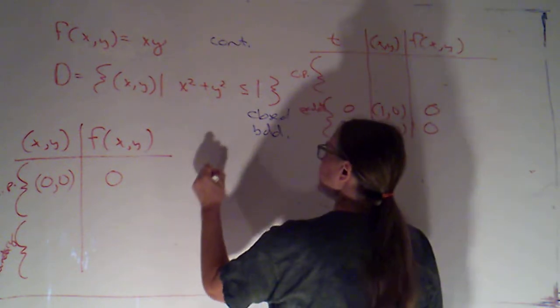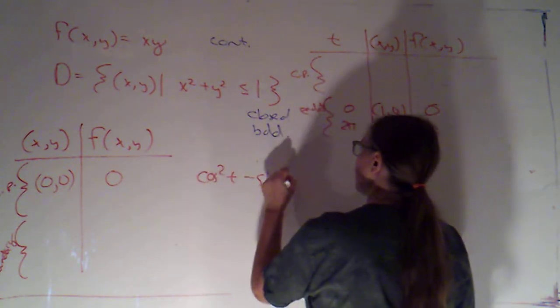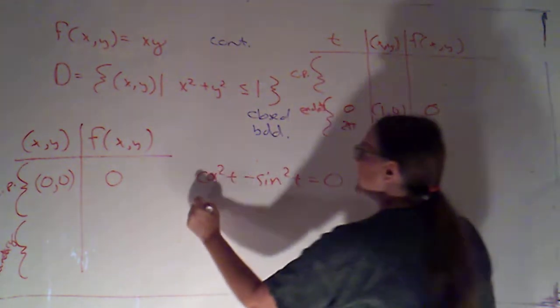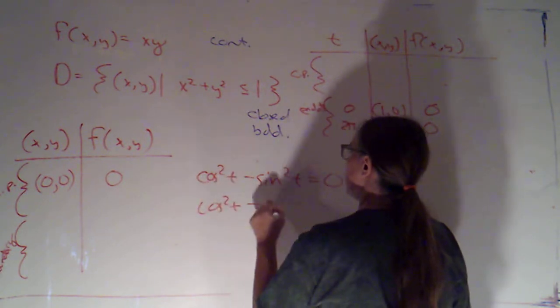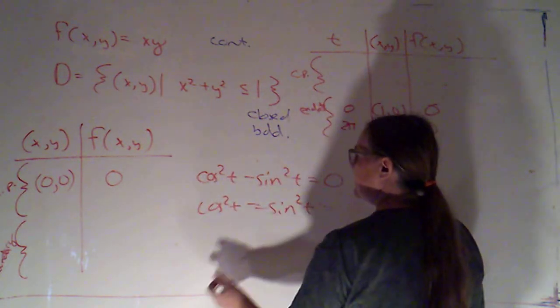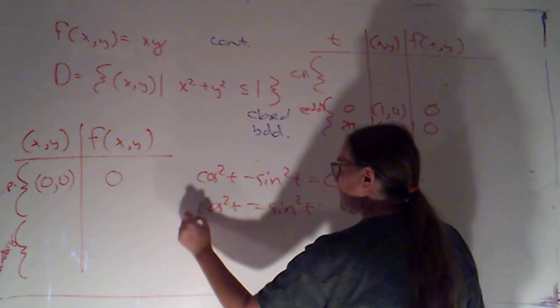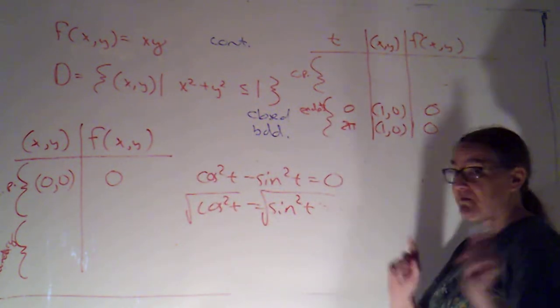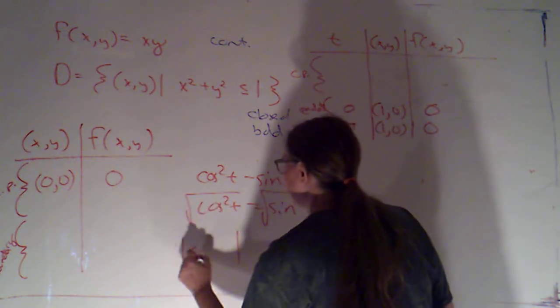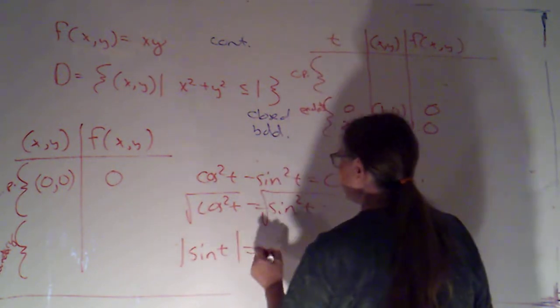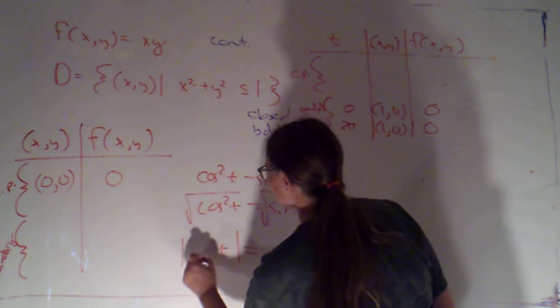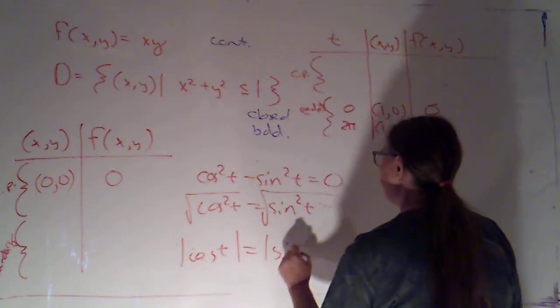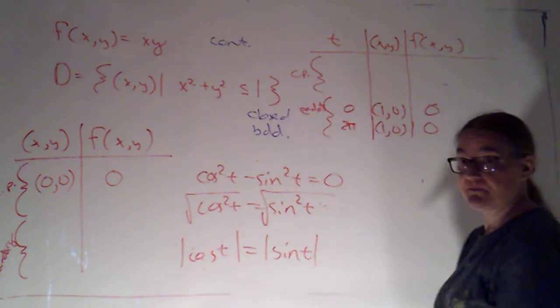If I have cosine squared t minus sine squared t equals 0, that means cosine squared t equals sine squared t. That means the square root of cosine squared equals the square root of sine squared. Be very, very careful. That's the absolute value of cosine t equals the absolute value of sine t.